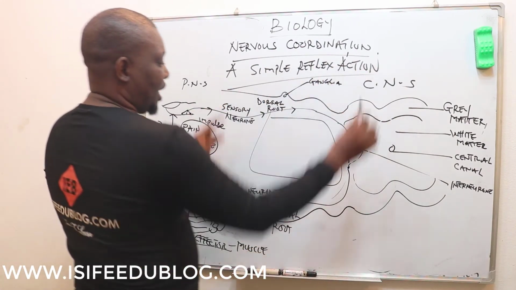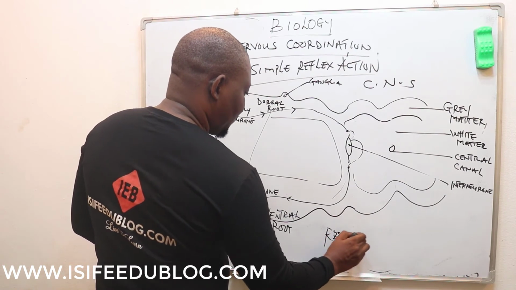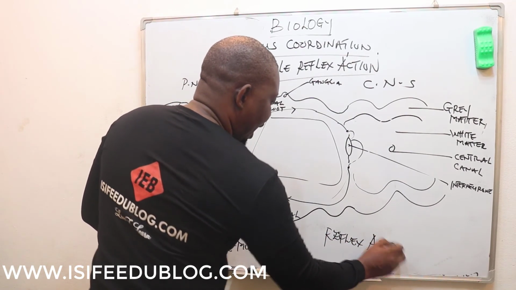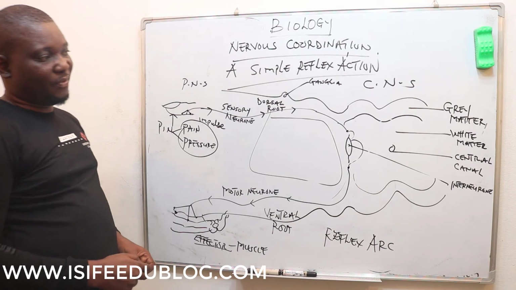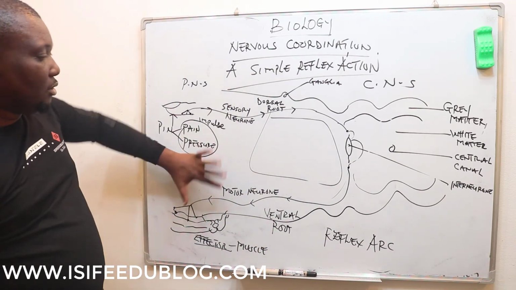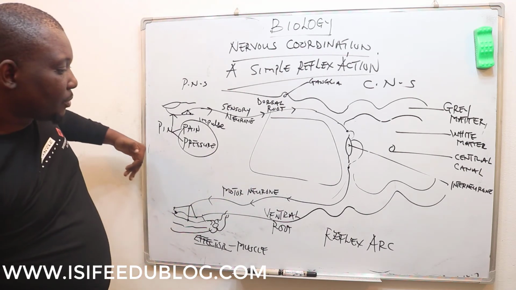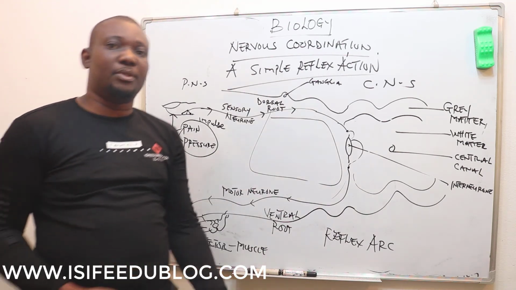So this reflex action is a reflex arc. Okay, what is a reflex arc? A reflex arc is just a pathway through which a reflex action is achieved.